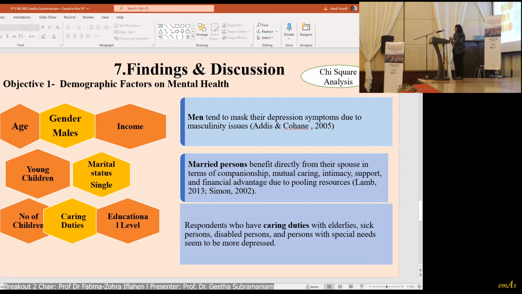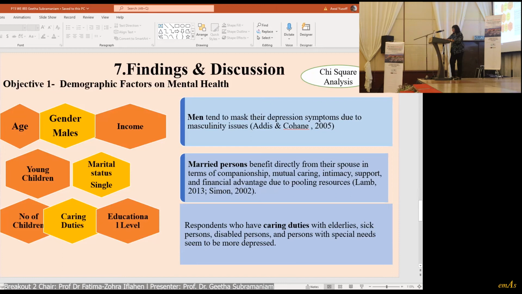So based on the 8 demographic variables, it was interesting to find that only 3 were significantly and positively related to mental health. That was gender, marital status, and those who had caring duties. This is among millennials only, 25 to 40 years.